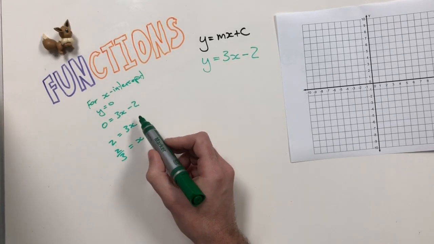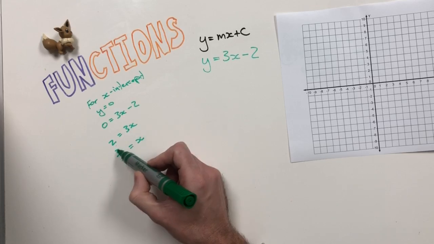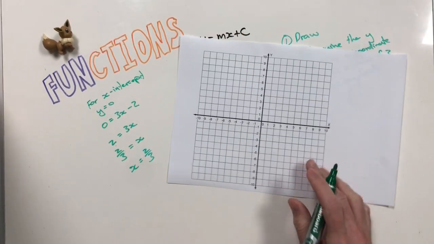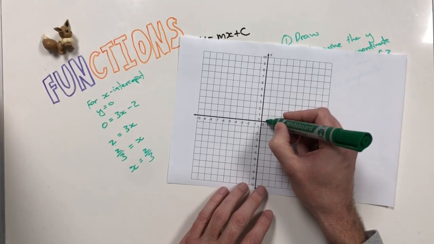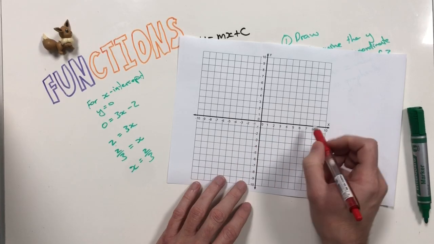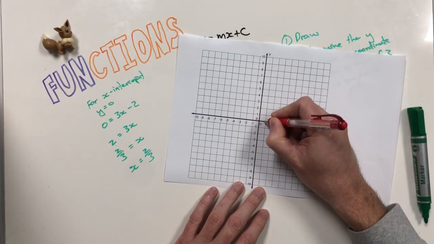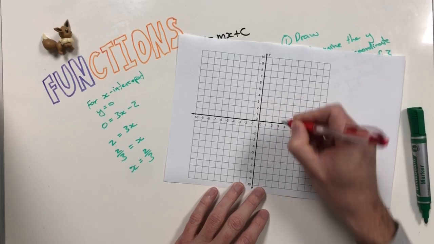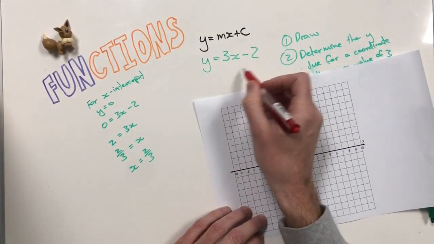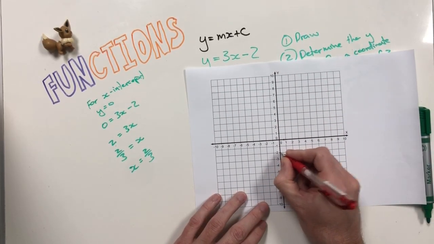If you didn't catch that, I just added 2 on both sides, and then I divided by 3 on both sides, so x would be 2/3. It's not very nice, because I'm going to struggle to find 2/3 on there, but it's not the most difficult thing. So my x value is 2/3, so it would be around there. And my y-intercept, because it's in standard form, I can just read it off, and that would be -2. So that would be there.